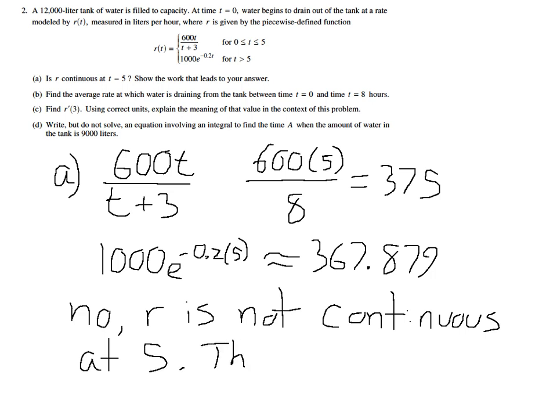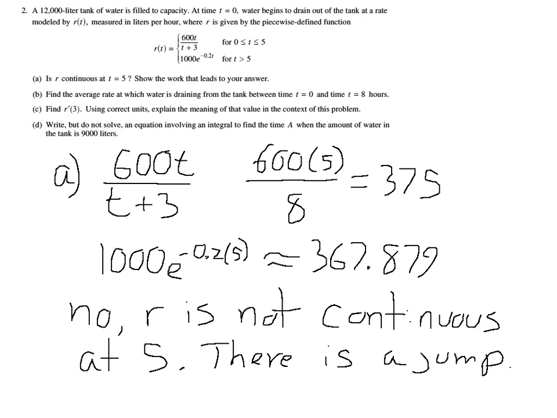There is a jump. We jump from 375 when we're approaching on the left side, and then all of a sudden we're at 367 from the right. So it's not continuous.